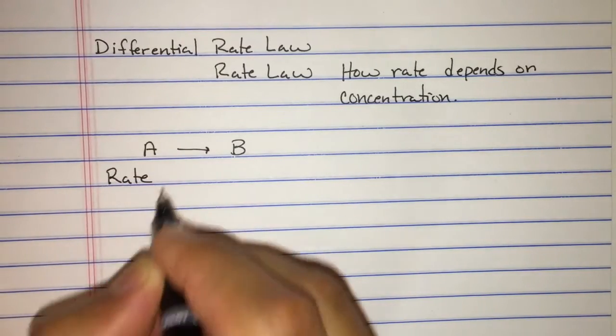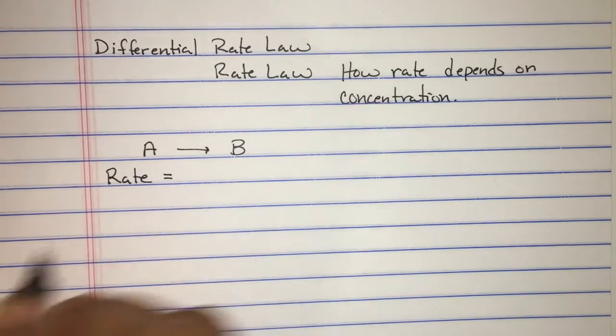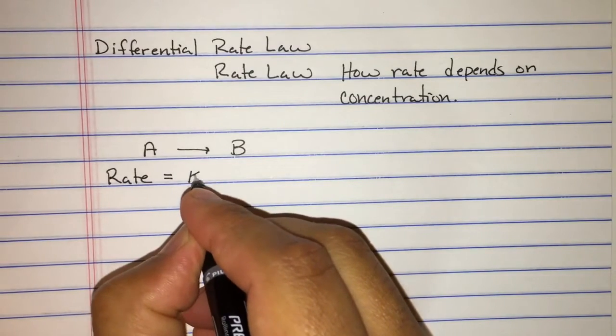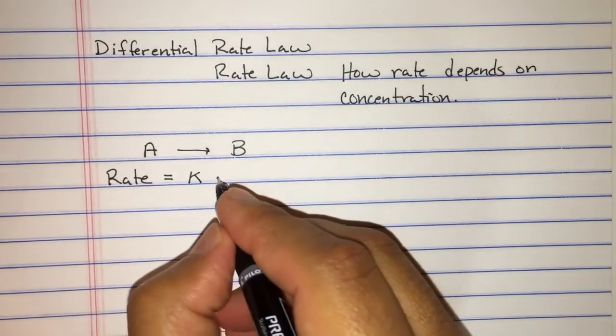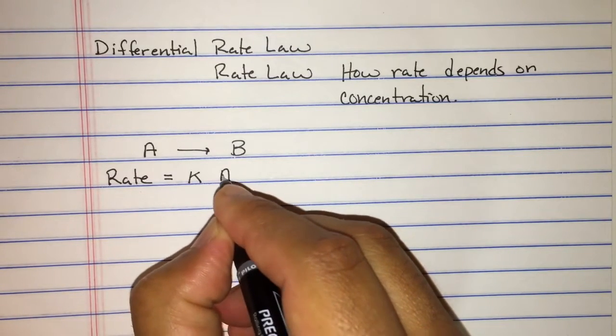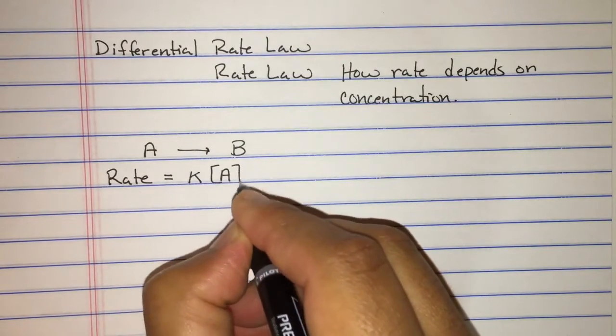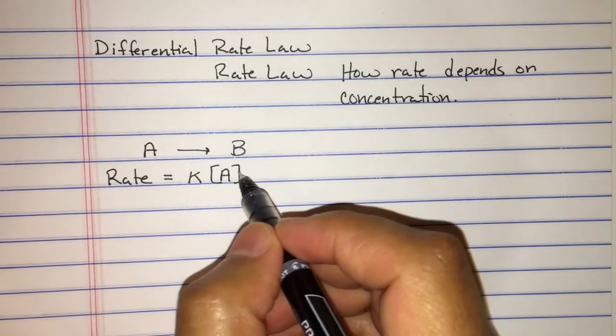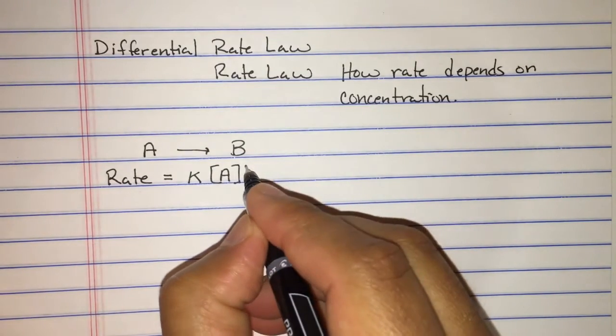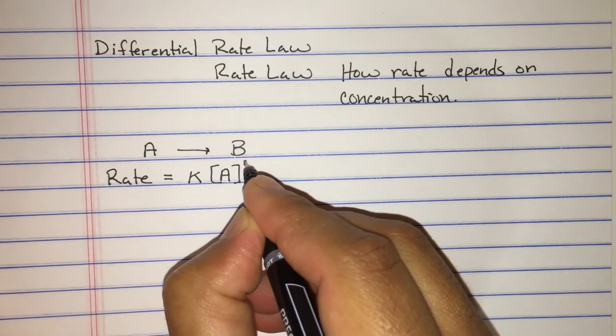The rate is equal to a rate constant, which is K, times the concentration of A, the reactant. And A, the reactant, is going to be raised to some power.